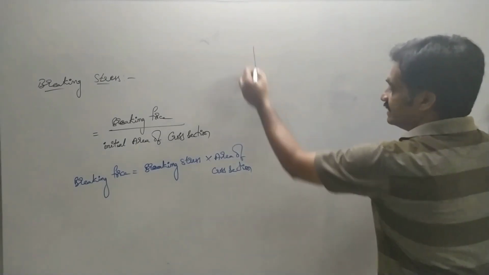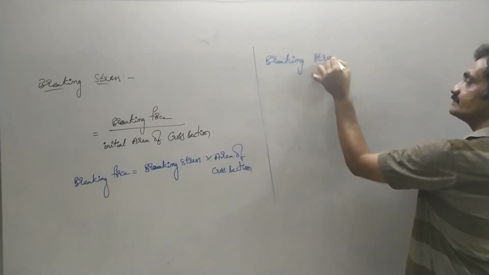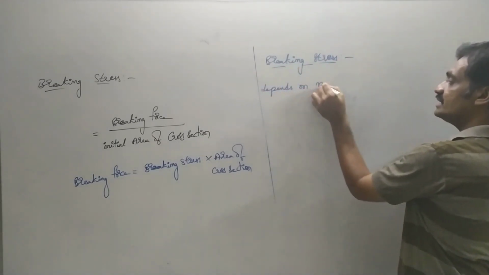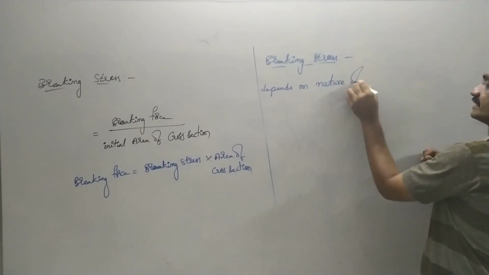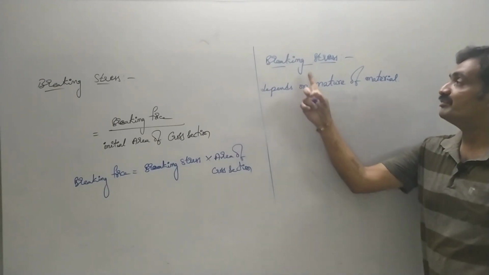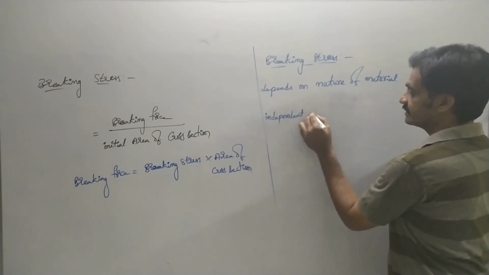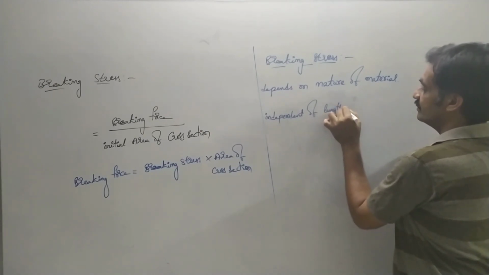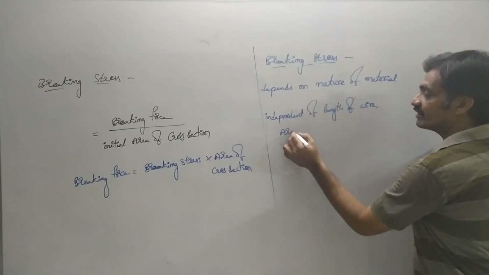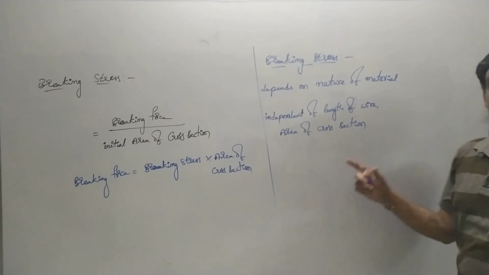Come to the case of breaking stress. Breaking stress depends on the nature of a material, whereas breaking stress is independent of the length of a wire and the area of cross section of the wire.